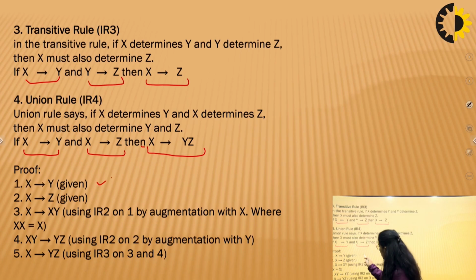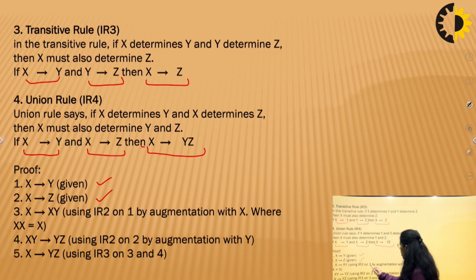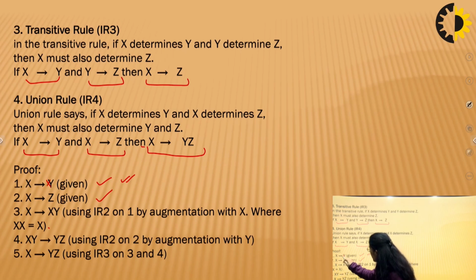First, both of these are given. As you can see, using IR2, the augmentation rule, on the first one, we can augment with x, where x x is equal to x only, so we can add this x here.